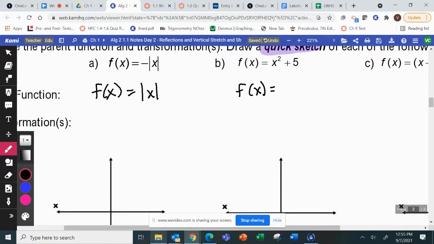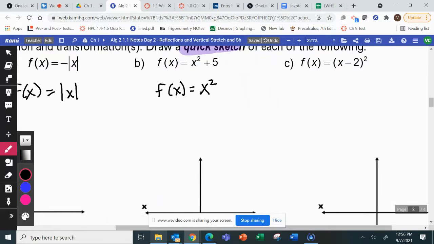So the parent function is going to be just the x and its operation. It's not going to be like the numbers added on. So the parent function by itself would just be x squared.